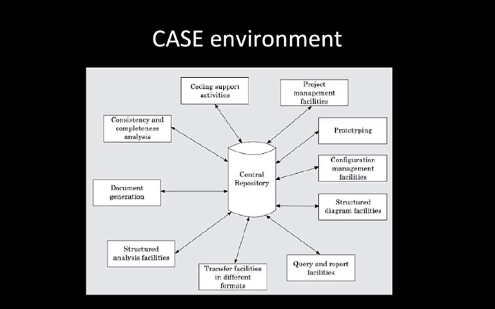This is a general working environment for CASE. So we have different kinds of automated tools that are available to support or aid the software development process. Next we will see some of the benefits of using these CASE tools.